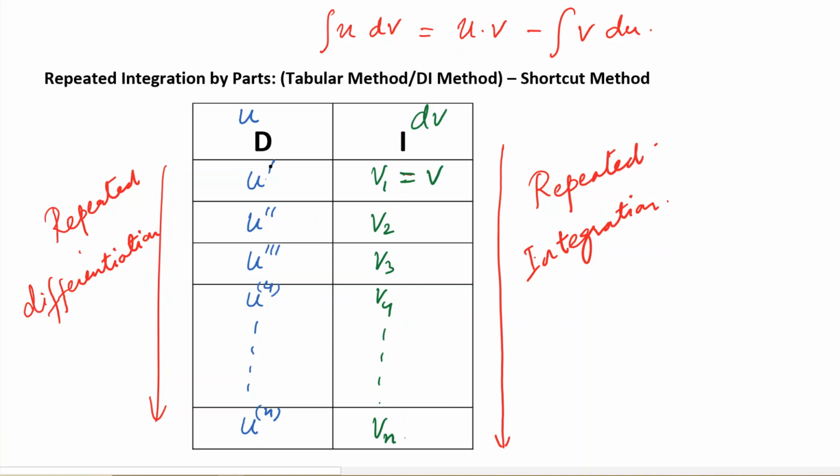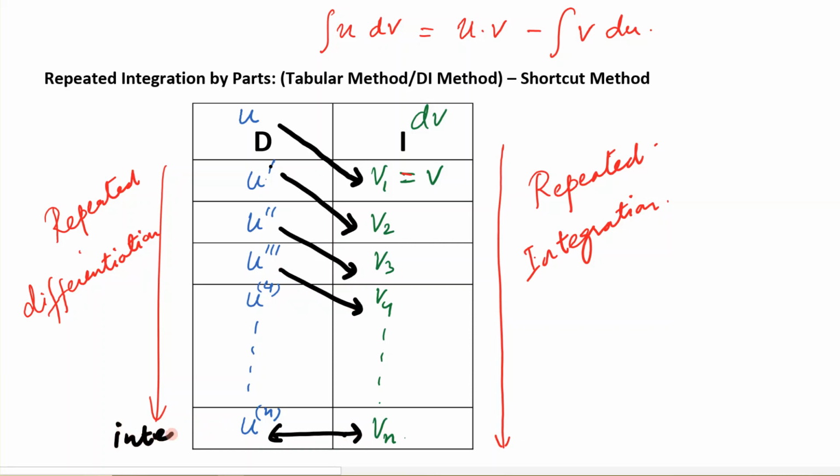So we multiply our u with v1, first derivative with the second integral, and so on. And for the last one we multiply horizontally, and we take the integral of the last row's multiplication.